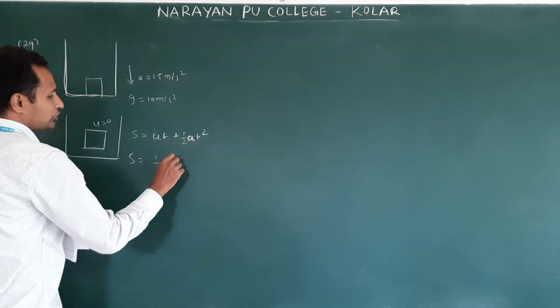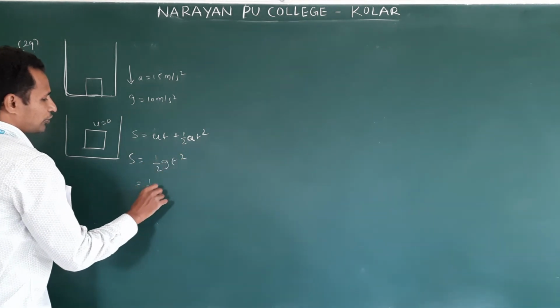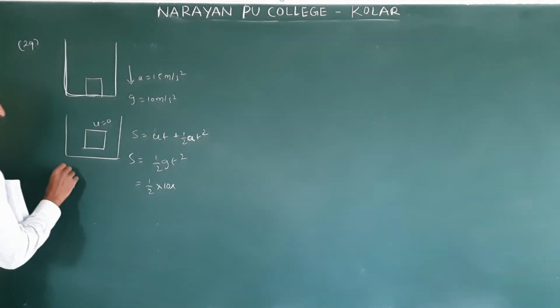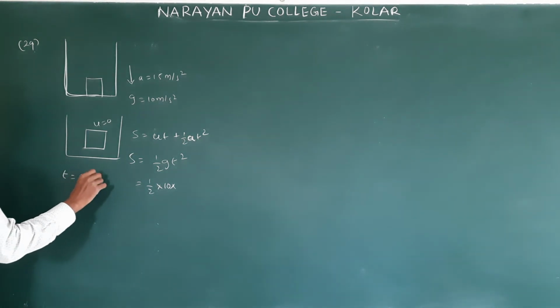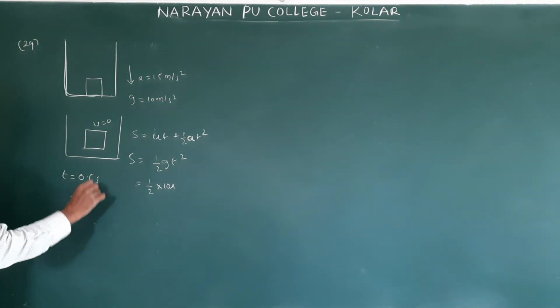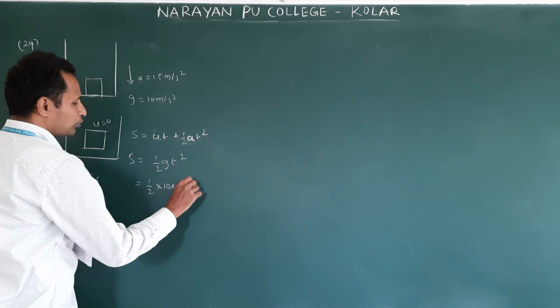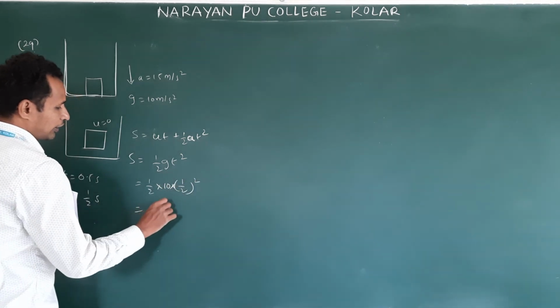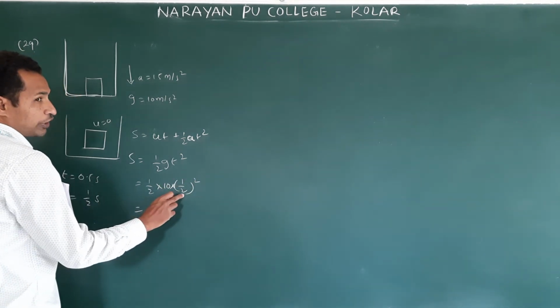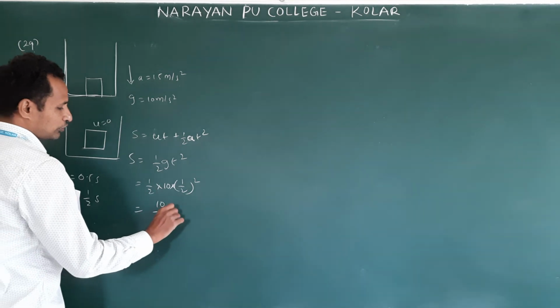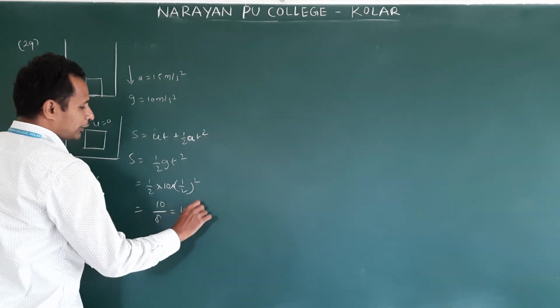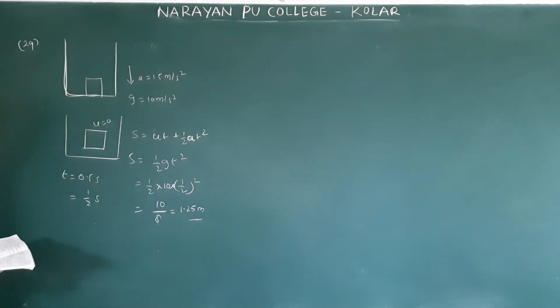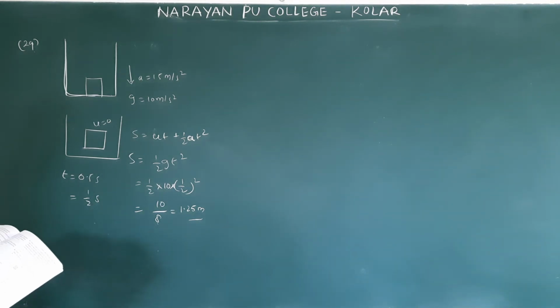Acceleration due to gravity, so g. So half into 10 into t, they are asking us to take 0.5 seconds. 0.5 seconds means 1 by 2 seconds. So 1 by 2 whole square. 10 by 2, 2 square 4. 4 into 2 is 8. So this is 1.25 meters. Clear?